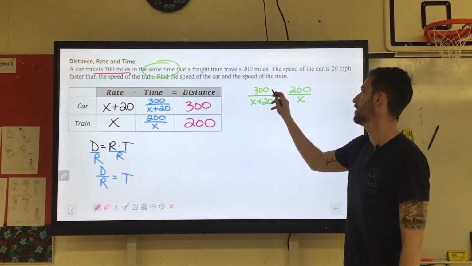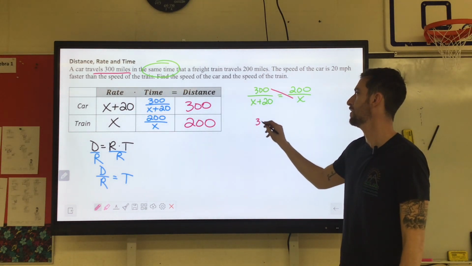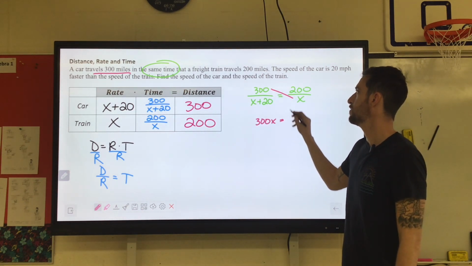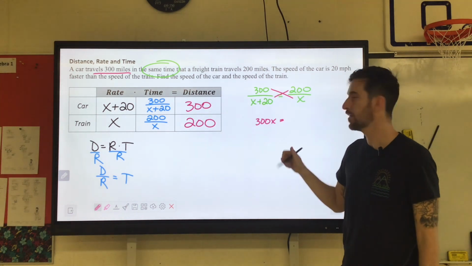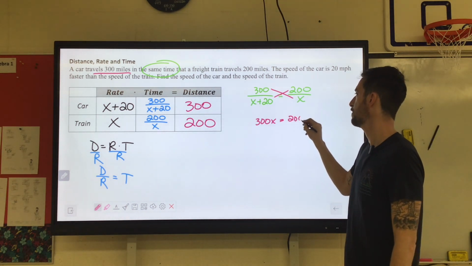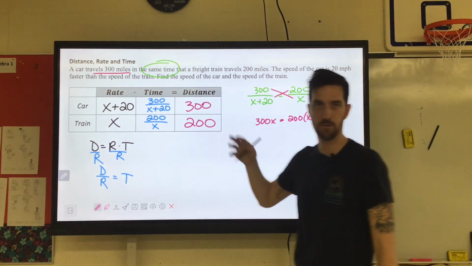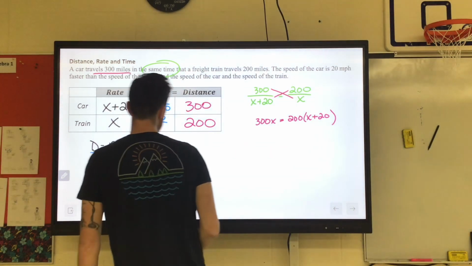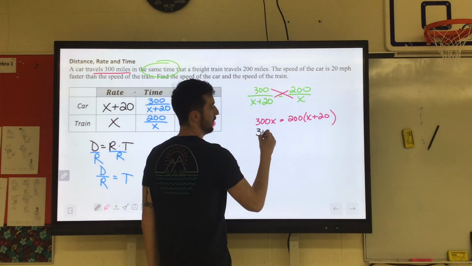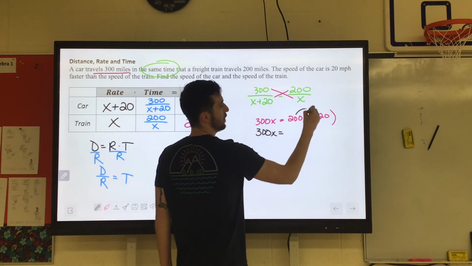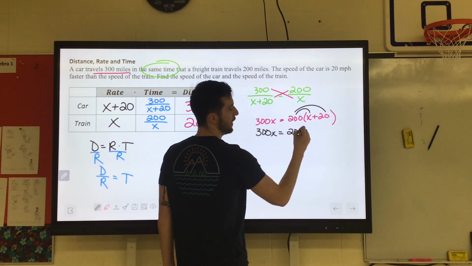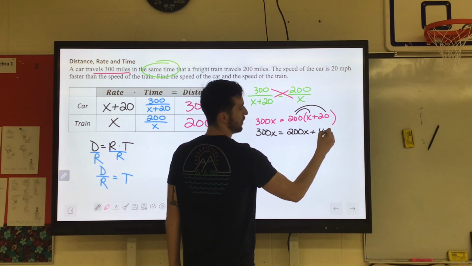So if I did 300 times x, that's 300x. If I'm doing 200 times x plus 20, you could set it up like a distribution problem if you'd like, or you could just go ahead and multiply the 200 times each of them, which is what we're going to do now. That would give us 200x plus 4,000.